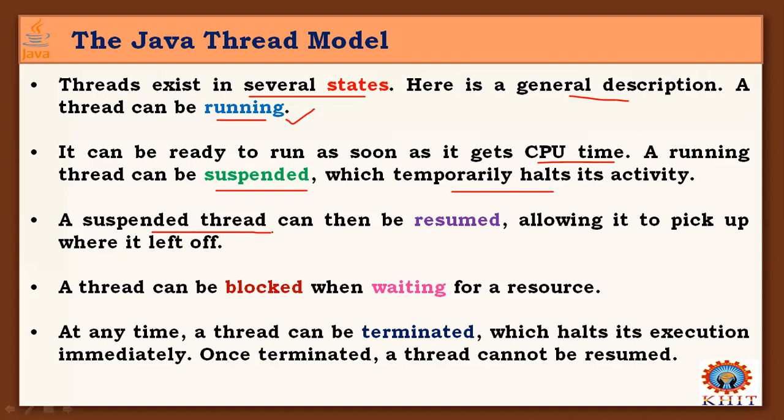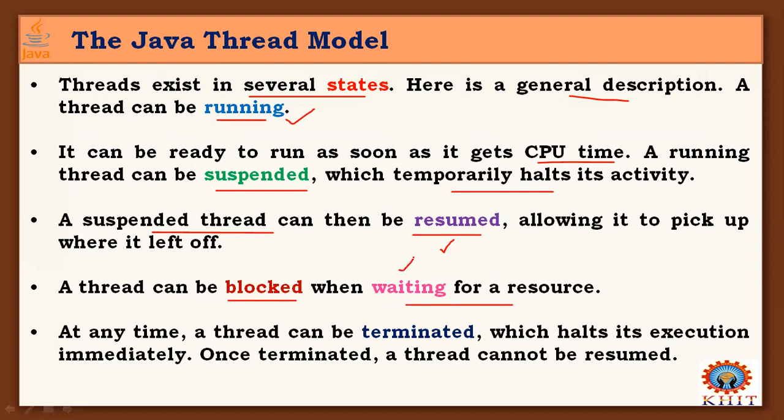And a suspended thread can be resumed. Resumed means coming back to the execution process. After suspending, it is activated for execution. That state is also called resumed. Right? A thread can be blocked when waiting for a resource.